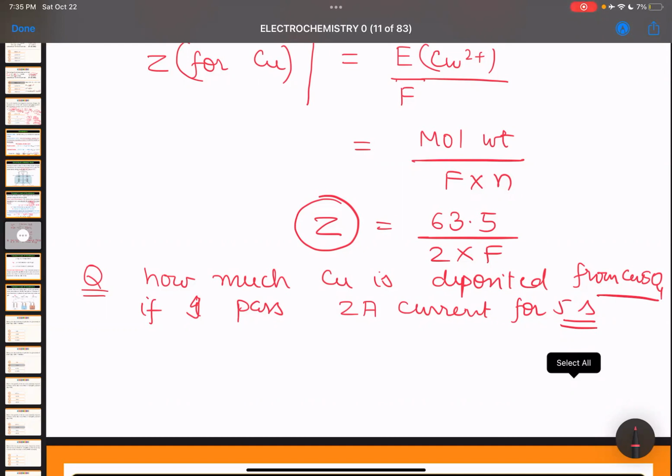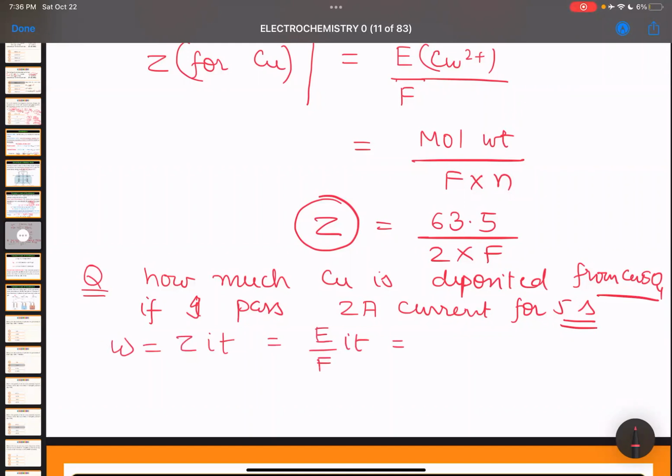Just calculate W equal to, how are you going to do it? ZIT. W equal to E by F into IT.